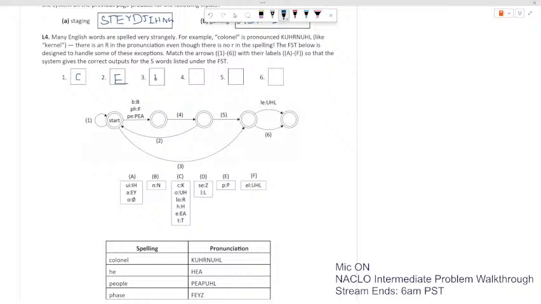I could put B for 3, and then F for 6. It works for kernel. And then for, so we only have, wait, let's cross off the ones we've done. B, C, E, F. Phase, right, phase.